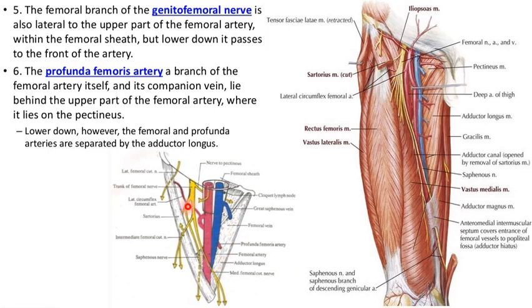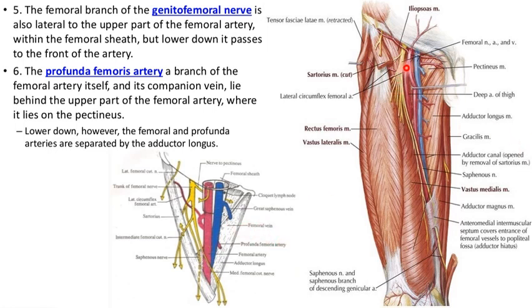So in the upper part, the profunda femoris artery separates the femoral artery and the pectineus. That is, it is between the pectineus posteriorly and the femoral artery anteriorly. And as it comes down in the lower part of the femoral triangle, it is between the adductor longus posteriorly and the femoral artery anteriorly.